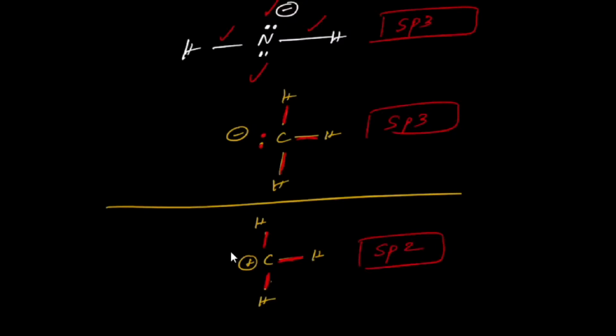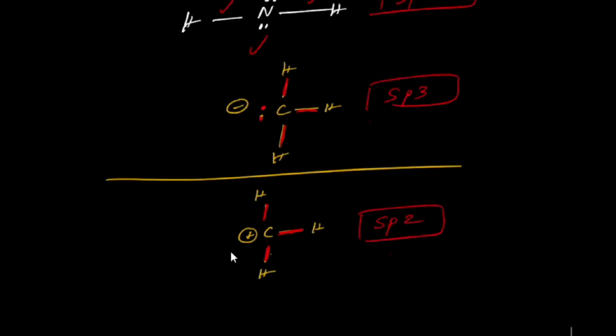In sp2, you get a little bit of extra p character compared to sp, so the orbital becomes a little bit longer, and in sp3 the p character is further more, so the length of the sp3 orbital is the biggest among the three. So let me just write it down.